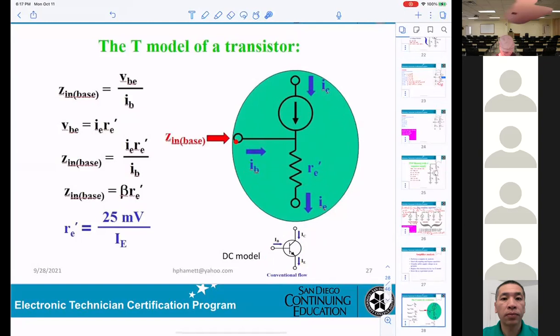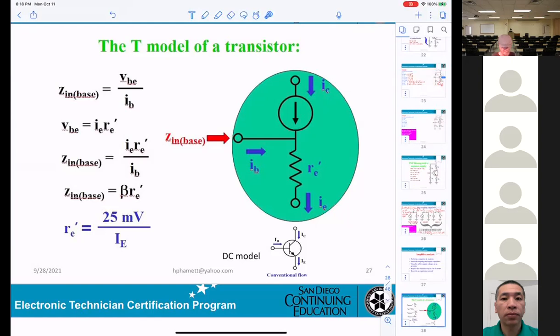At the base, you get the current IB, and IC, same thing. However, for the AC, we use lowercase letters: uppercase for the DC, lowercase for the AC.